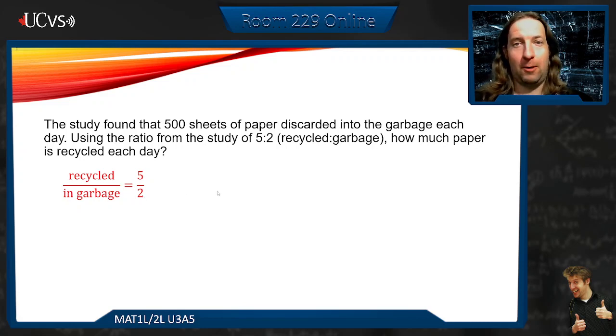Okay, we also know that there's 500 sheets in the garbage. So where am I going to put that in my next fraction here? It's 500 in the garbage. Remember, garbage was on the bottom here, right?